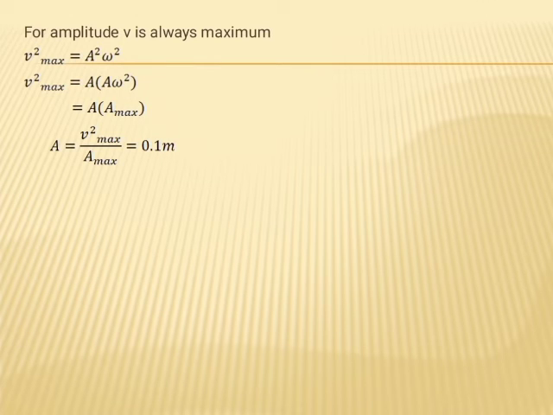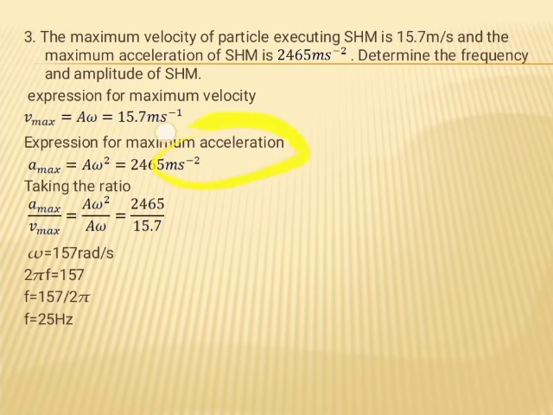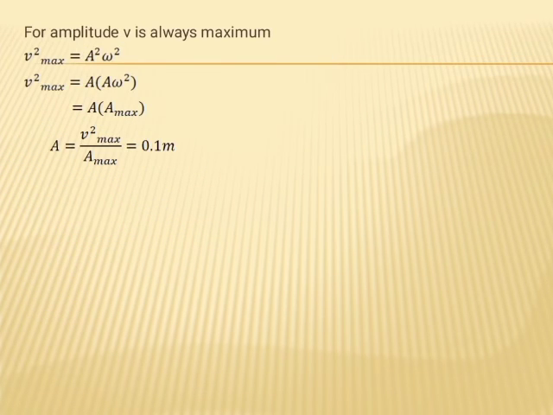And now what would I do? A is equal to... have you seen this anywhere? Yes, it is the formula of your acceleration. So I would write A maximum. Now what would I get? Rearranging, A is equal to V square maximum divided by A maximum.